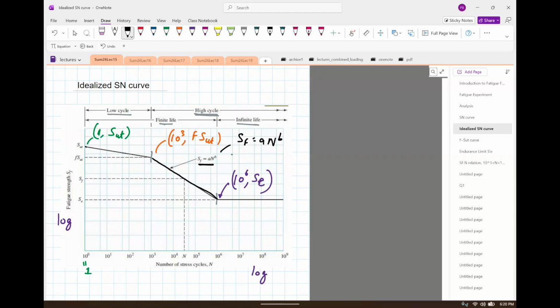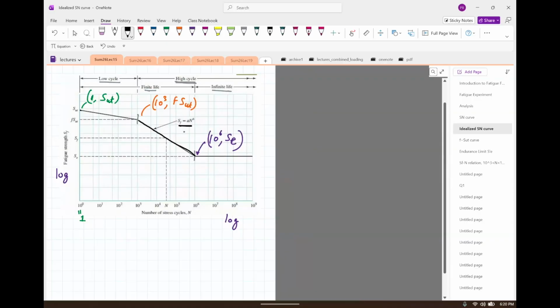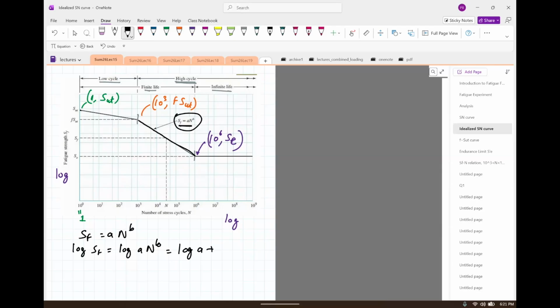So if you take the log of this, you know what, I'll write it down, and I'll clear this confusion just a bit. What they've written here is S f equals a n raised to b. So if you take the logs of both sides, log S f equals log of a n raised to b, but you know that log can be written as log a plus b log n, right?